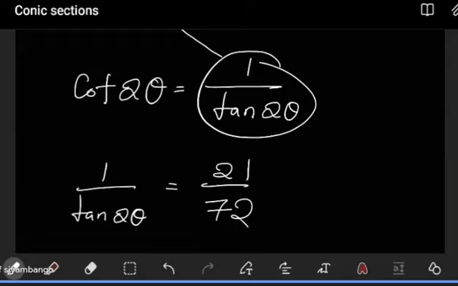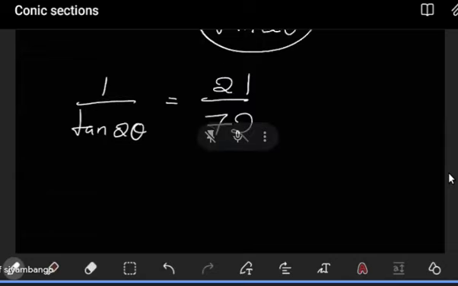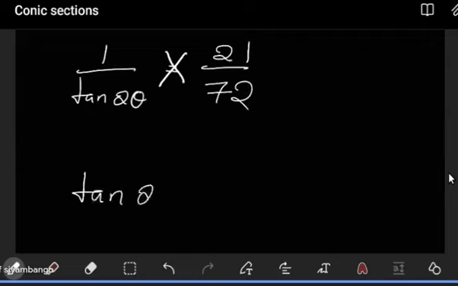When we cross multiply, we end up with tan 2 theta being equal to 72 over 21, the 72 goes up and the 21 comes down.